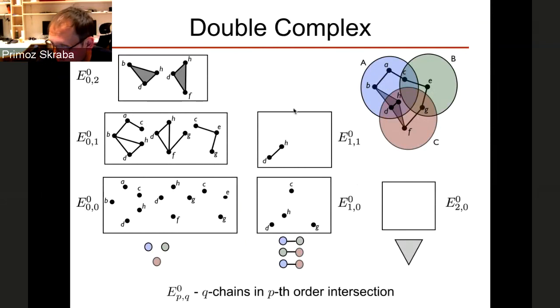And then the second column is basically everything that's in the pairwise intersections, right? So there's two vertices H and D in the pairwise intersection and one edge between them. And of course, the three-way intersection is in this case empty, right? But this is kind of the construction, the setup of the double complex.